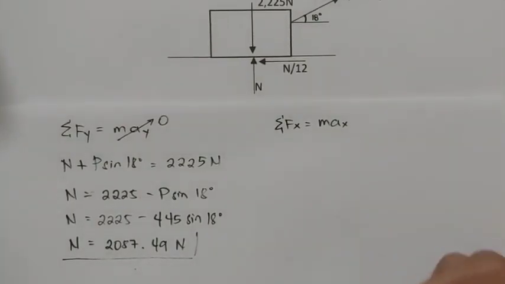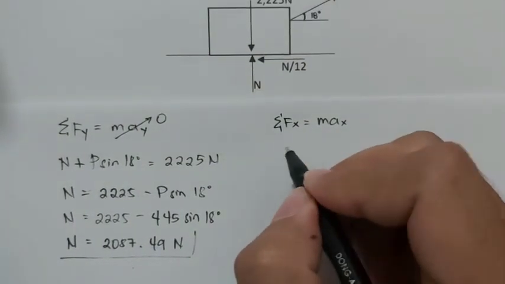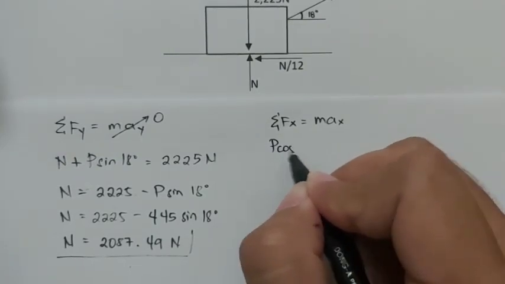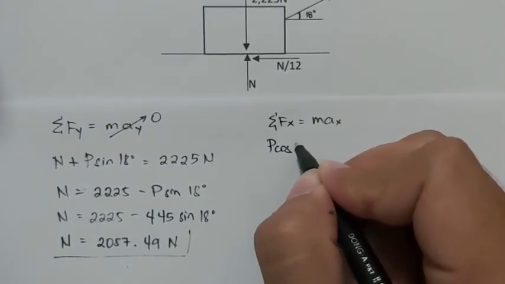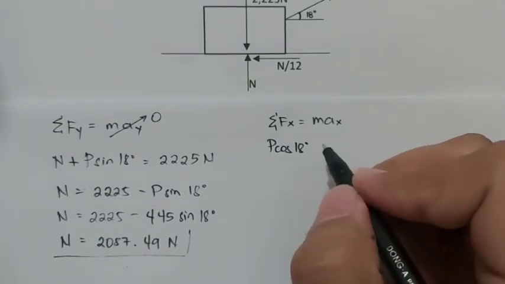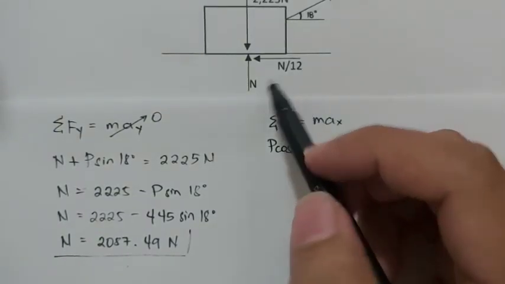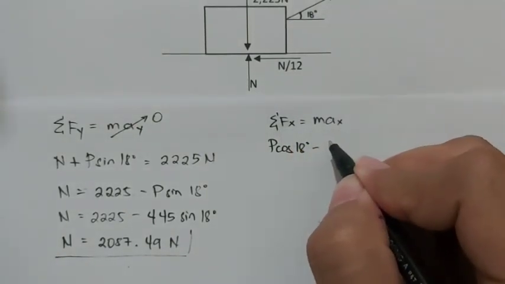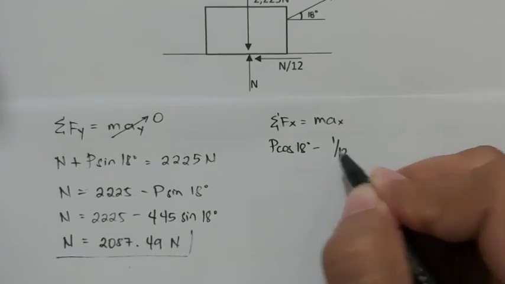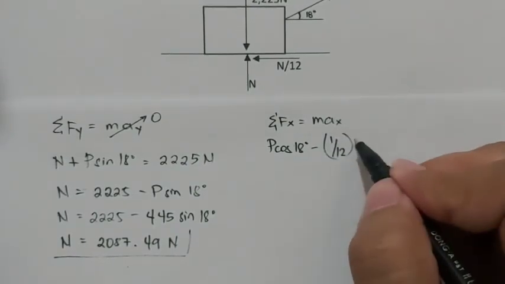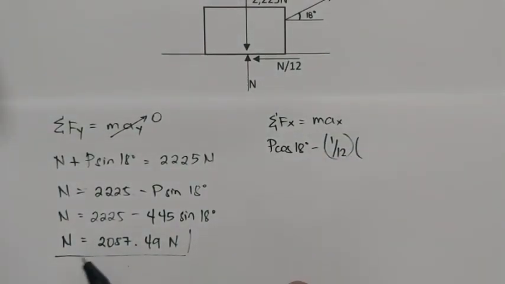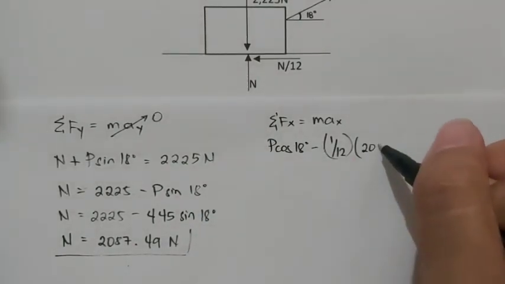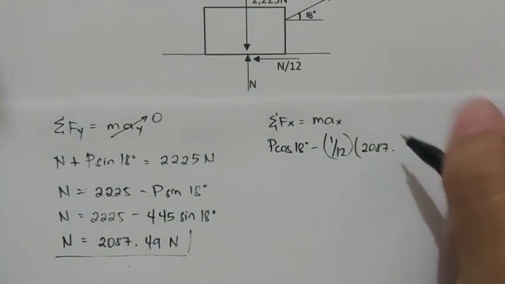Where summation of forces is equal to force P cosine theta, which is 18 degrees, minus the coefficient of friction, which is 1/12, times the force we got earlier, which is N, 2,087.49.